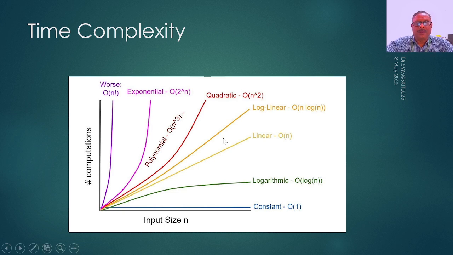In the same way, if it is linear, and you find something which is logarithmic, definitely logarithmic is far better than linear. And if it is constant, nothing like that. If you can make something work in constant time, of course, nothing is better than that.